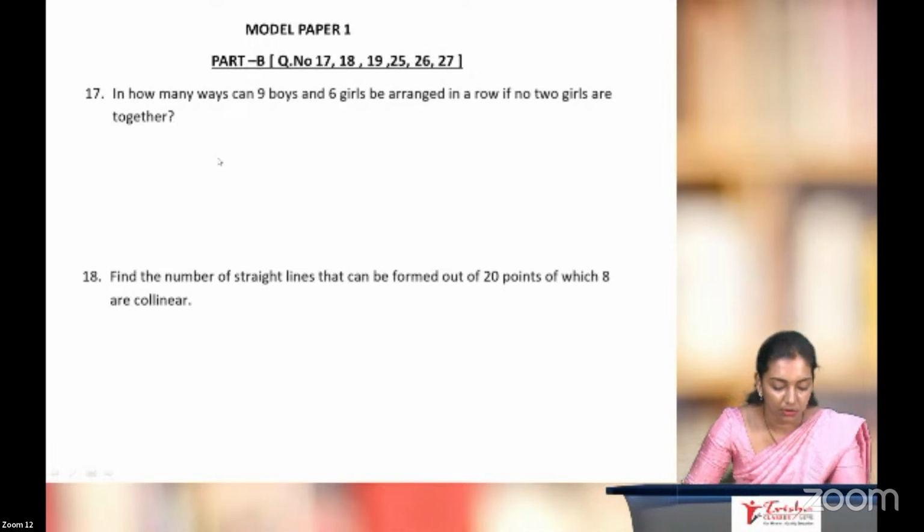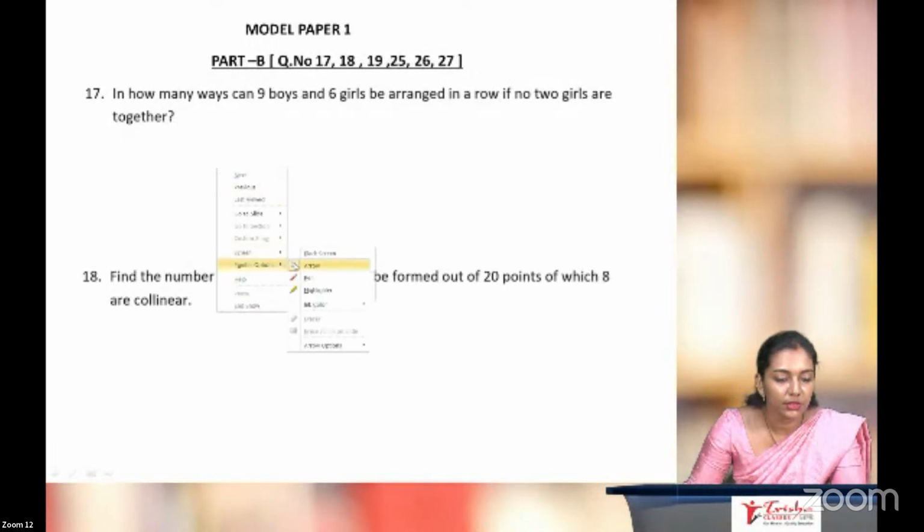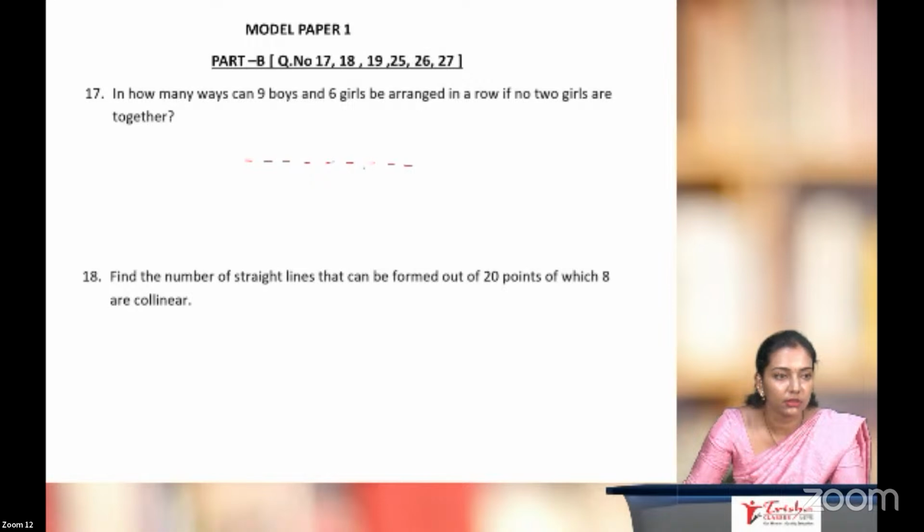See here, 9 boys are there: 1, 2, 3, 4, 5, 6, 7, 8, 9. Okay, I think this is the example problem. So how many places are available for girls? 1 is here, 2, 3, 4, 5, 6, 7, 8, 9, 10. Okay, so 10.